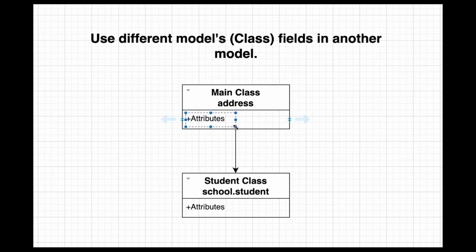All the fields that belong to this address class can also be used in the student profile, which is also possible. But one more thing: there is no relation between this class and this class.